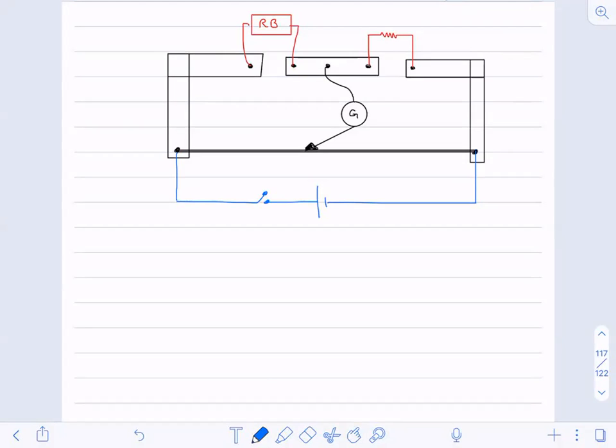This is the unknown resistance. Okay, R_UK, better we write R into K. Unknown resistance.